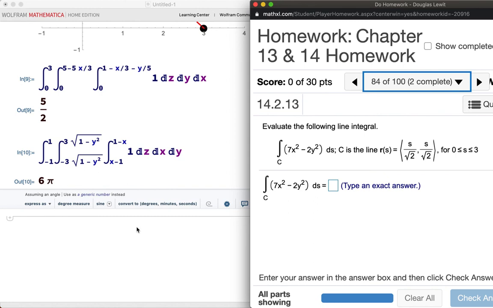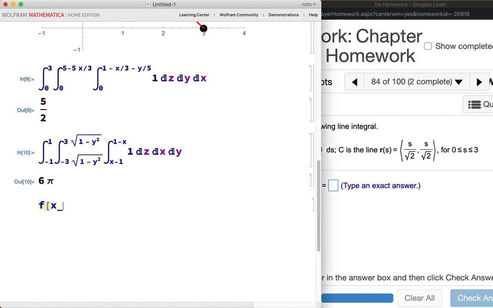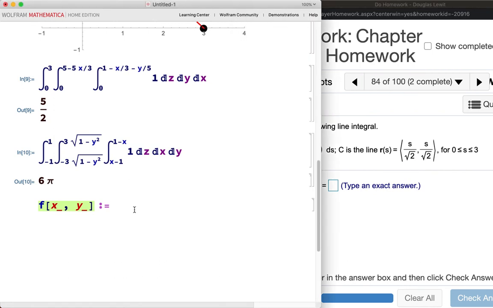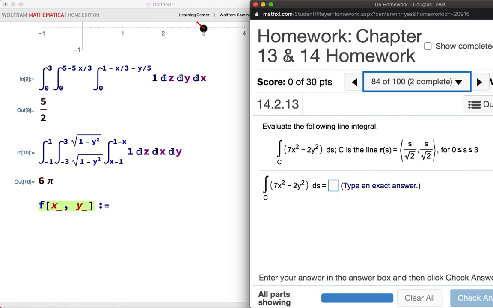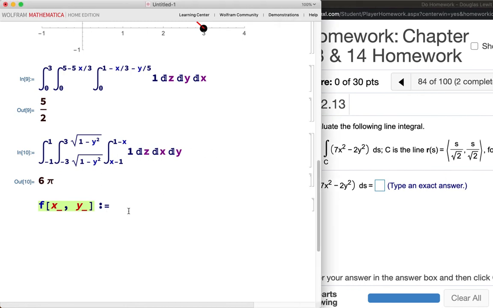So the first thing I'm going to do is define my function f of x and y is equal to, hold on one second, let me move this a little bit. 7x squared minus 2y squared.